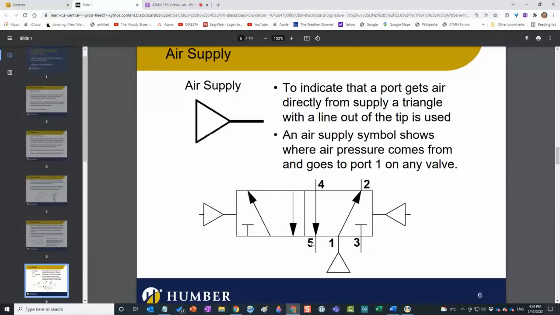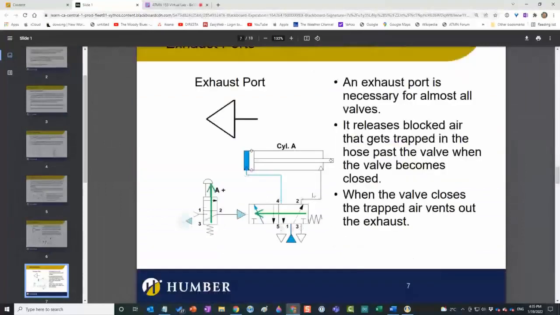So either all of these ports, port 1, 2, 3, 4, and 5, are connected in this configuration, or they're connected in this configuration. It all depends on whether I put a burst of air here or a burst of air here. Valves are really cool. So this is just a schematic of the logical connections of a valve. It's not actually what a valve looks like inside. Let's move on with this.